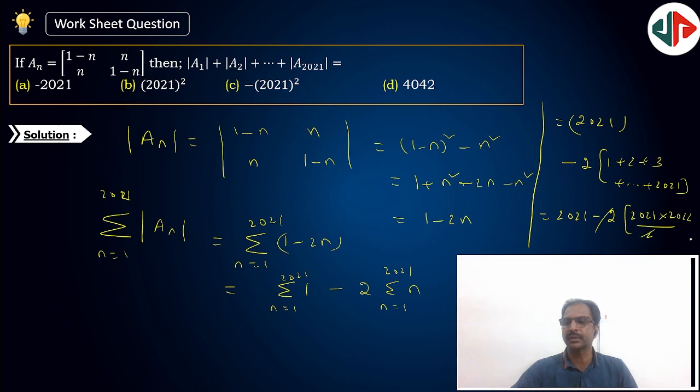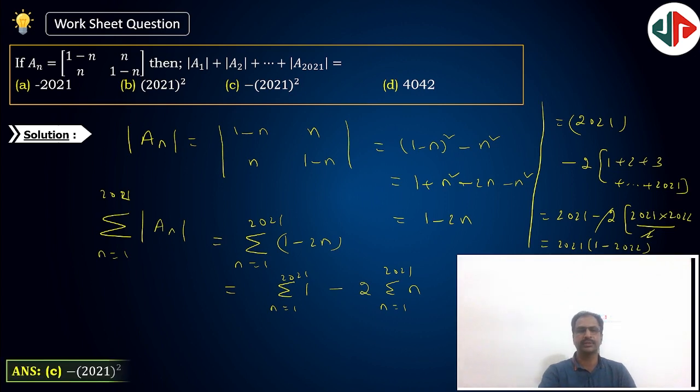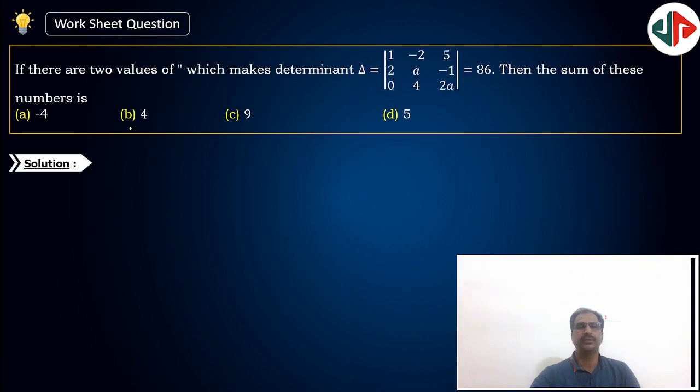So 2 gets cancelled. Take 2021 common, then you get 1 minus 2022. So 1 minus 2022 is nothing but minus 2021 into 2021. So minus 2021 whole square. Option C is correct.